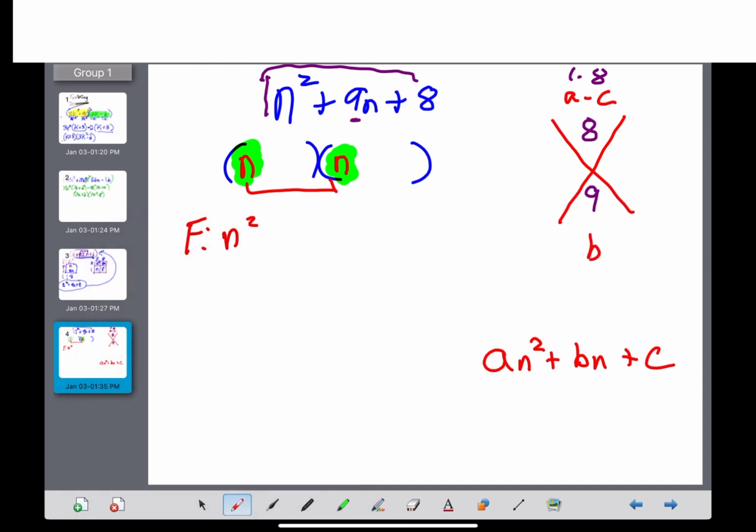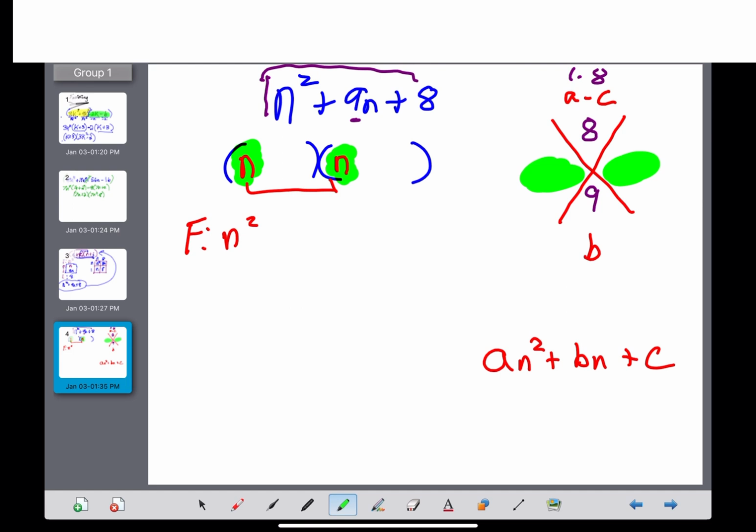This is my b value. So now what I'm thinking through my head is I'm looking for the factors of 8, because these two middle numbers, both here and here, need to multiply together to be 8 and add together to be 9.